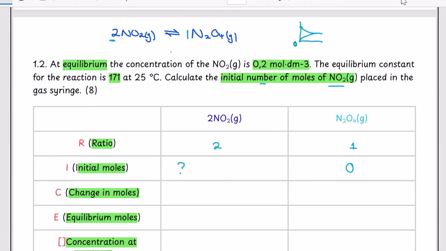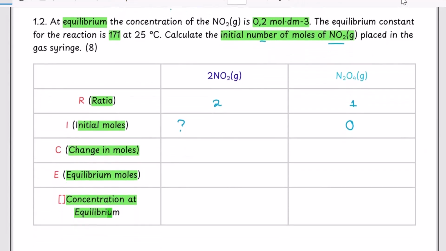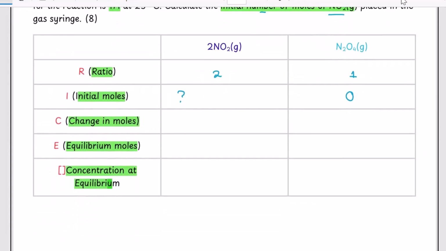Again, here we're given the values for equilibrium. They're saying at equilibrium, the constant for the reaction is 171 at 25 degrees. Now if I write my Kc expression, remember, Kc is equivalent to the concentration of my products over the concentration of my reactants.